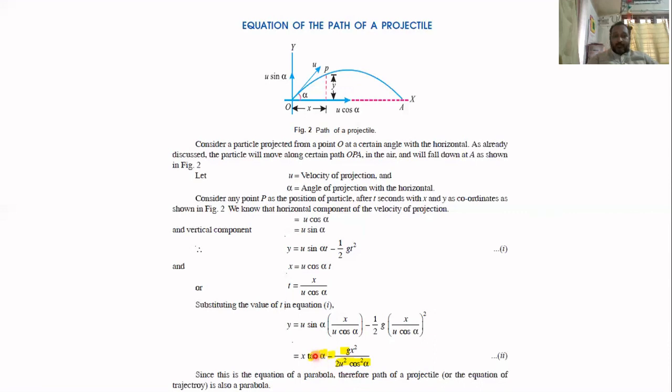Here tan alpha is a constant, and minus g divided by 2u square cos square alpha is also a constant, and this is in the form of y is equal to ax square plus bx. This is the equation of a parabola, that is, the projectile path is a parabola.